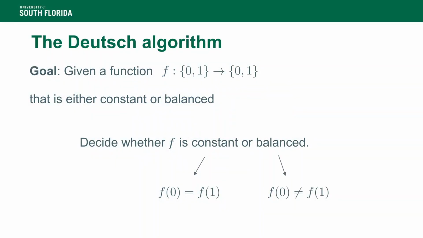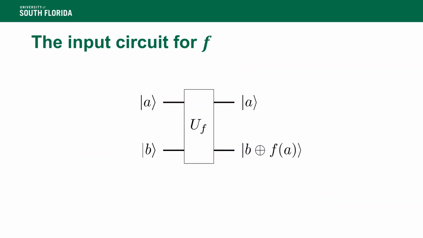So the goal here is to decide if f(0) equals f(1) or f(0) is different than f(1). Okay, so here is the main component of the evaluation of f. It is a circuit that takes A and returns A, and takes B and returns B XOR f(A).